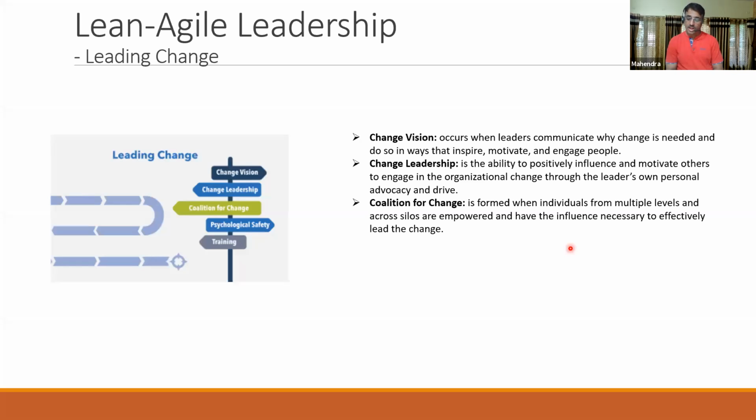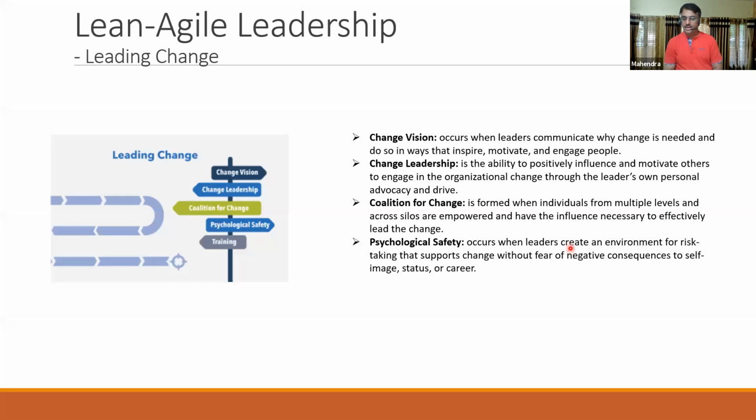They should be able to break the silos across multiple levels, and empower and build a coalition to bring about that change. And psychological safety is paramount. You can't have a sword always hanging over your head and expect to innovate. It doesn't work that way. They need to provide that psychological safety.